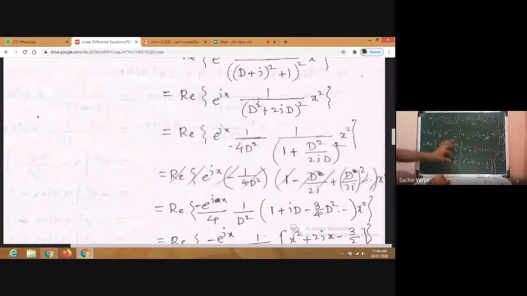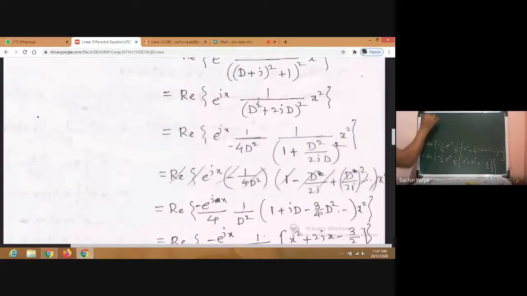Okay. Now 1 upon d of this bracket. So what is 1 upon d? Integration. So let us integrate this bracket first. This needs a lot of patience. If your mind diverts even a little, then you'll miss calculations.